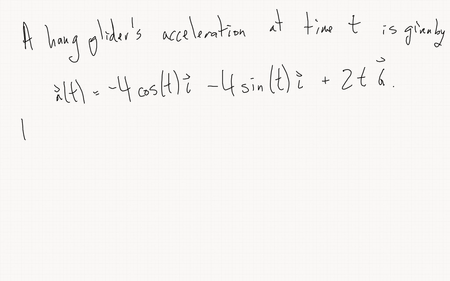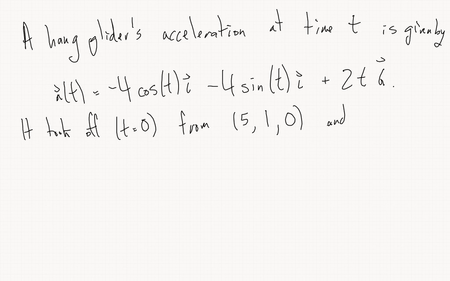And we're told also that it took off at time t equals 0 from position (5, 1, 0) with velocity v0 equals i.